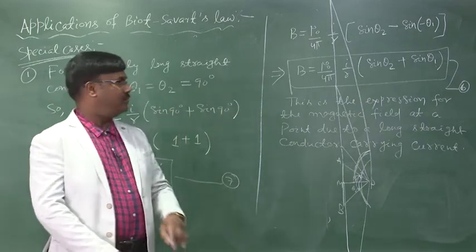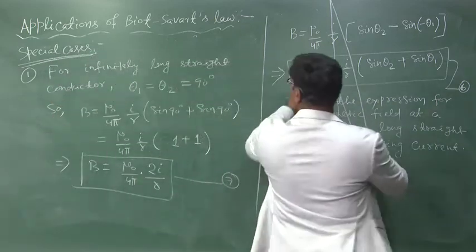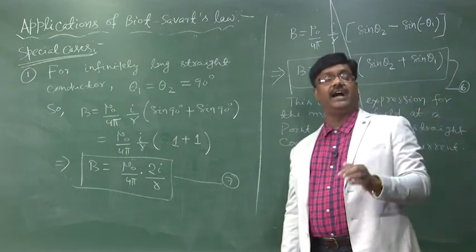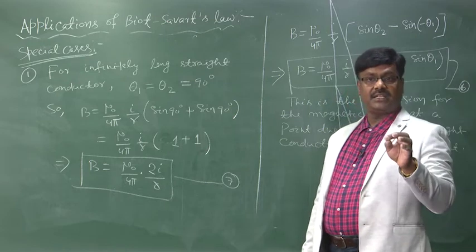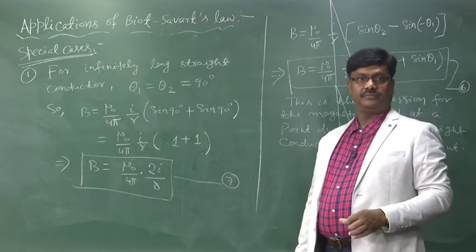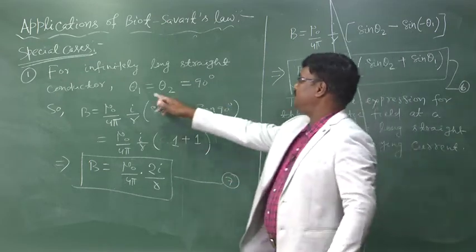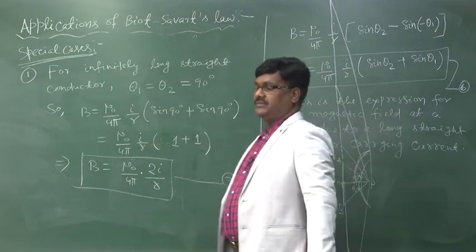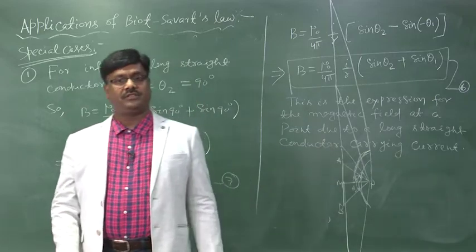During the integration of dB, I have taken the limits of integration as minus theta 1 and theta 2, and here I have put theta 1 equal to theta 2 equal to 90 degrees for an infinitely long straight conductor.